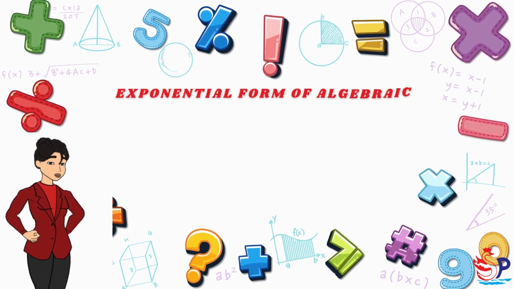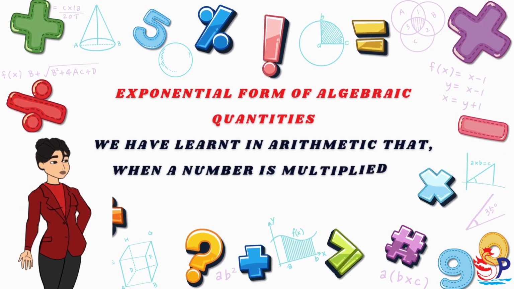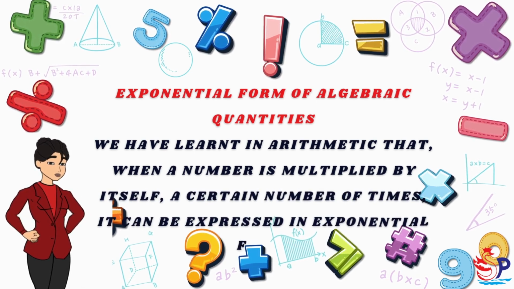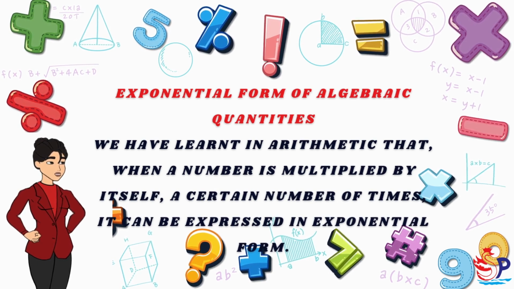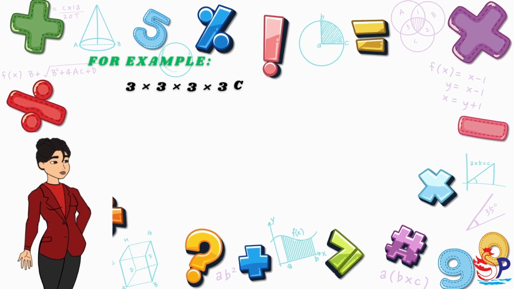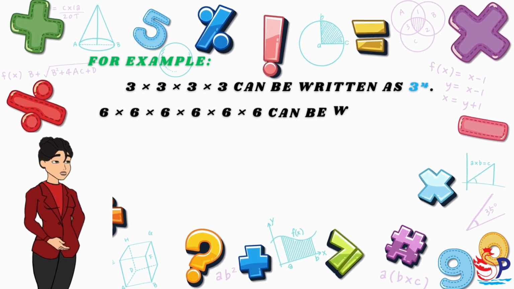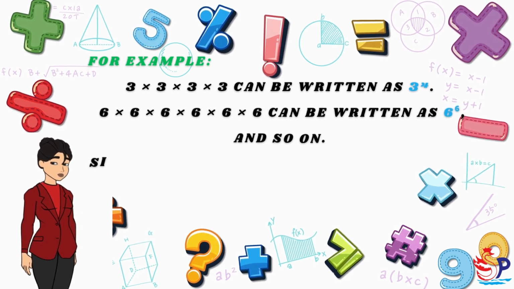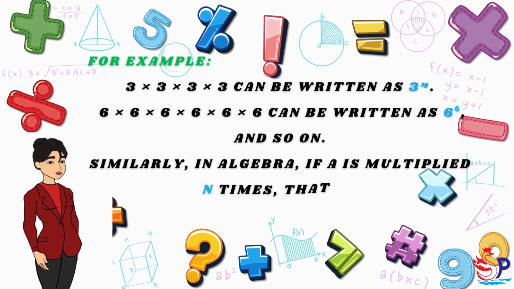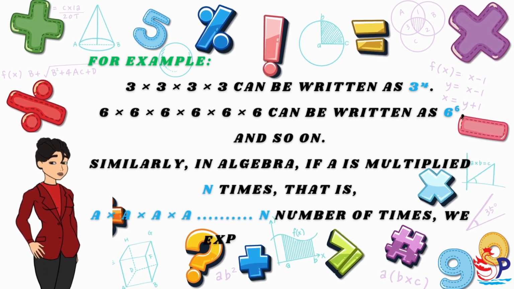Exponential form of algebraic quantities. We have learnt in arithmetic that when a number is multiplied by itself a certain number of times, it can be expressed in exponential form. For example, 3 multiply 3 multiply 3 multiply 3 can be written as 3 power 4. 6 multiply 6 multiply 6 multiply 6 multiply 6 multiply 6 can be written as 6 power 6, and so on.